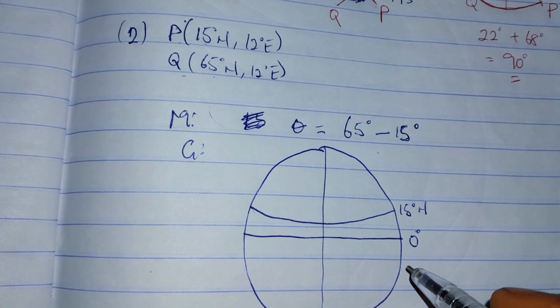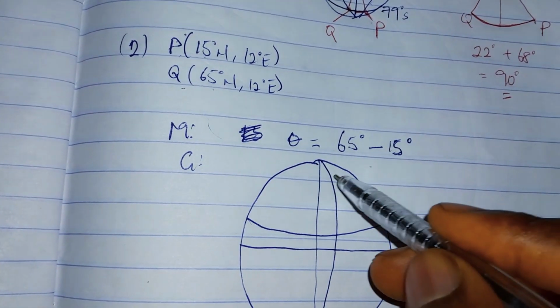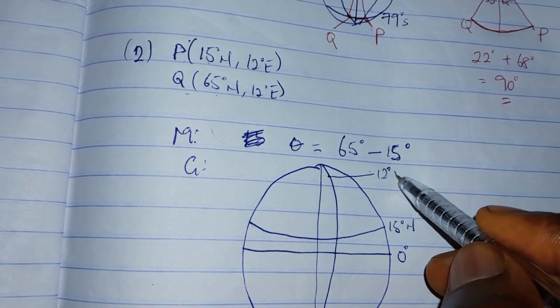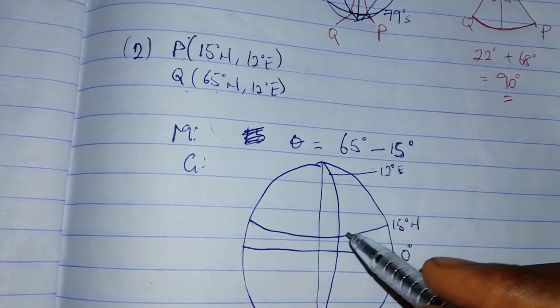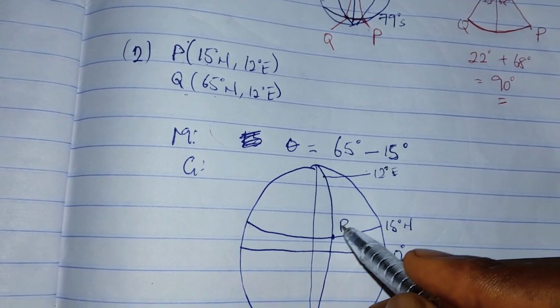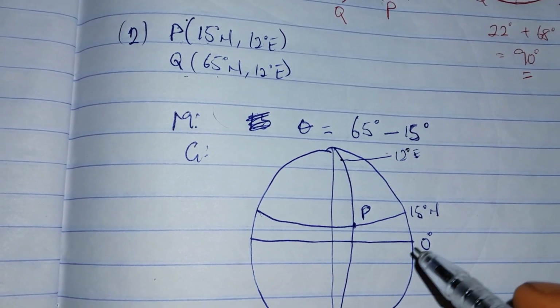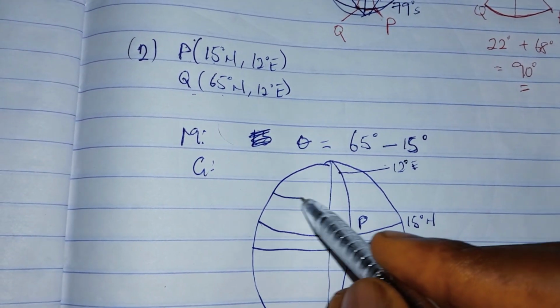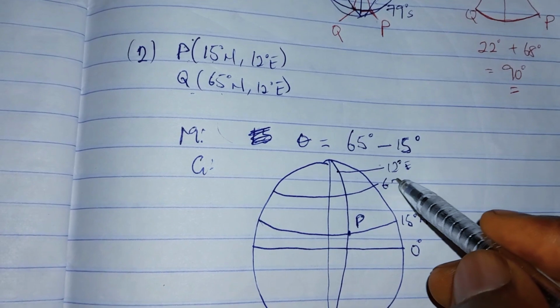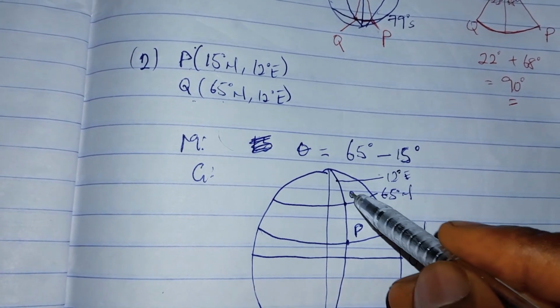And then we have 12 degrees east. This is east, so also very small, 12 degrees east. So automatically this is my point, what, my point P. Very good. Now, and then we have 65 degrees north, so it's higher. That's 65 degrees north, still 12 degrees east. So this is my point, what, point Q.